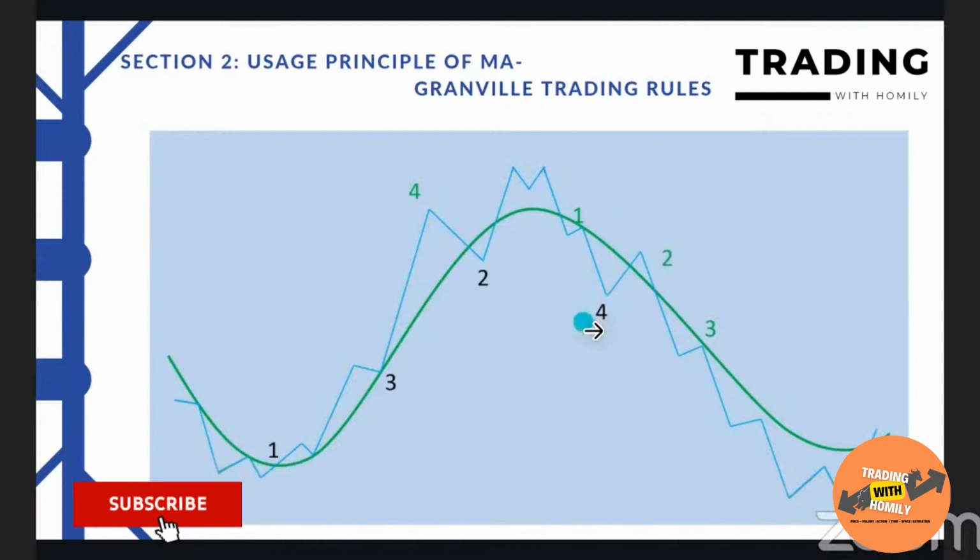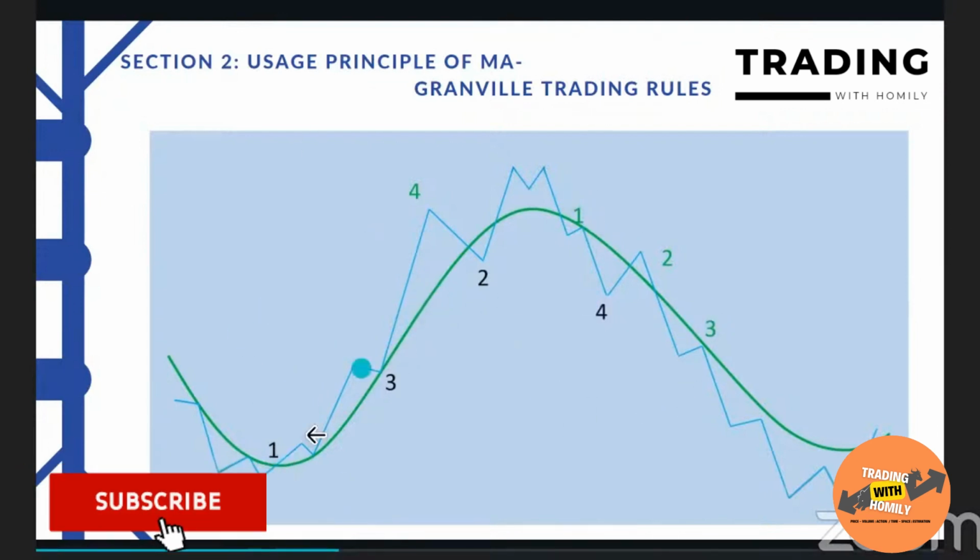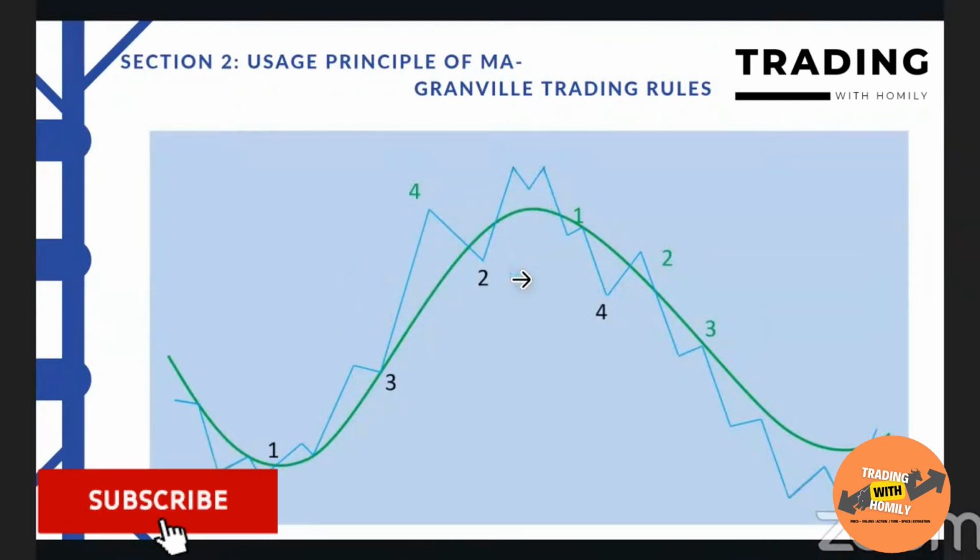In the Granville trading rules, 4 of the 8 rules are used to judge the time of buying. Here is the example. We got 1, 2, 3, 4, because 4 of the 8 are about the timing of buying, and the other 4 are used to judge the timing of selling.